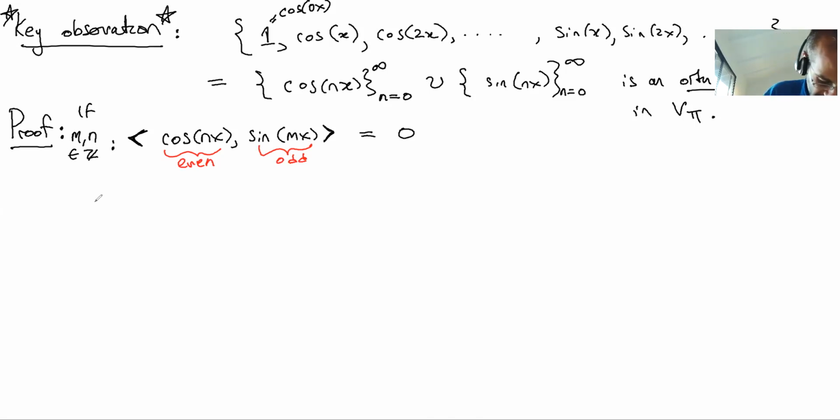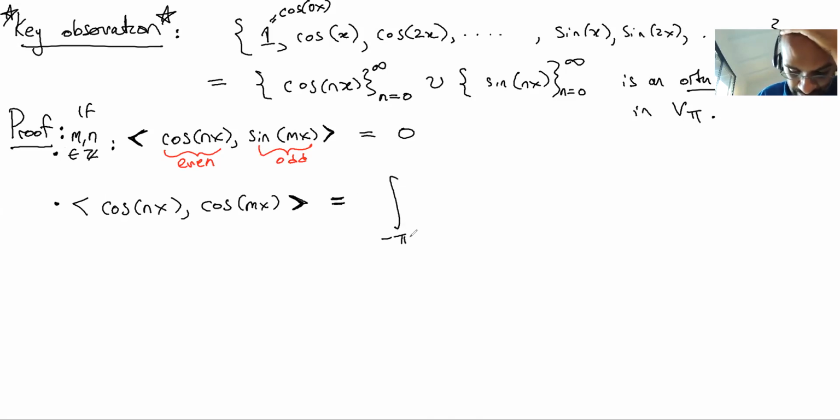But what about two different cosines? Well, m and n are integers now, right? Now we actually have to do some integration. So this is the integral from minus pi to pi of cosine nx, cosine mx dx.